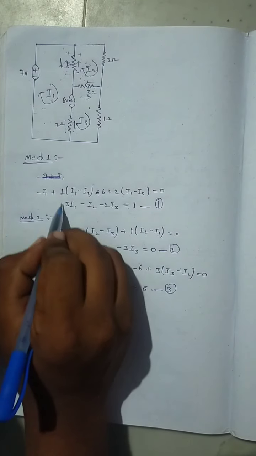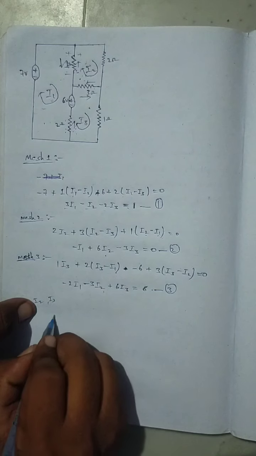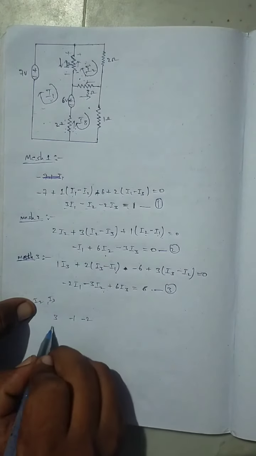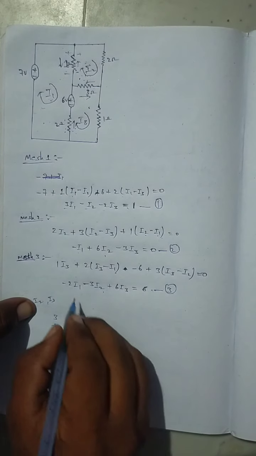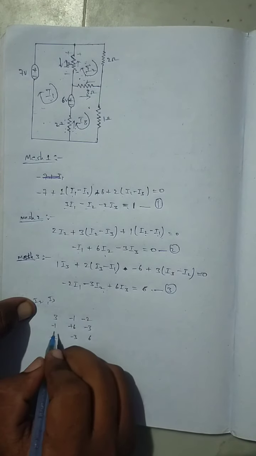These are the coefficients: 3, minus 1, minus 2. Here minus 1, 6, minus 3. Here minus 2, minus 3, 6.